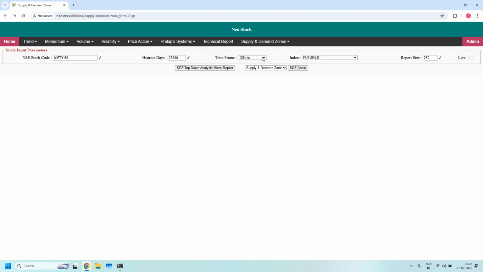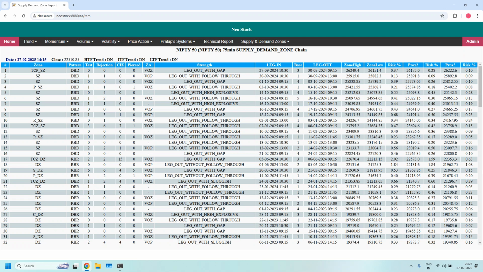Okay, next, 75 minute supply demand zone chain for Nifty. Seventeenth is the nearest 75 minutes demand zone to the closing price.